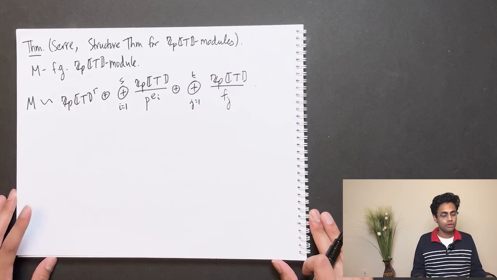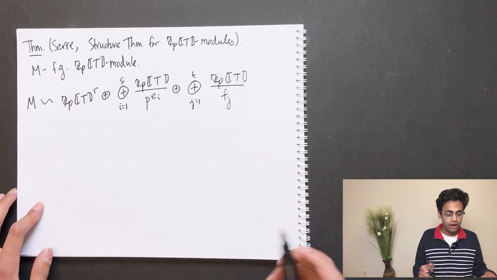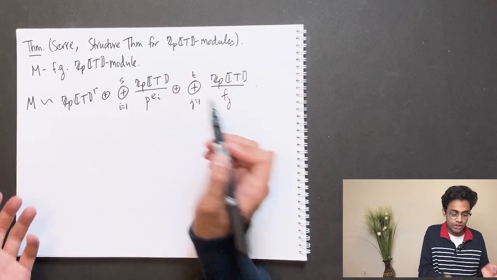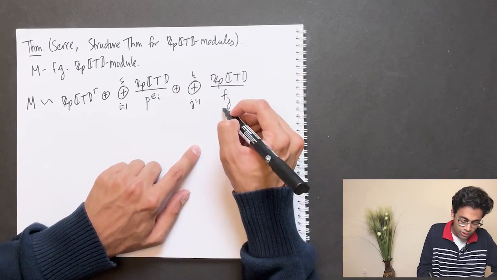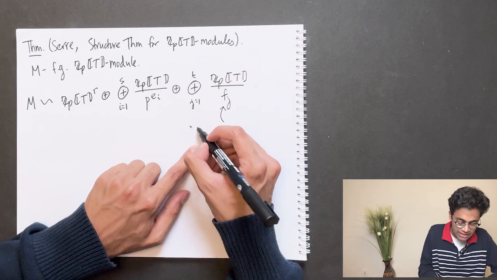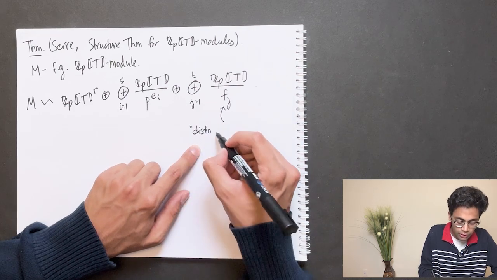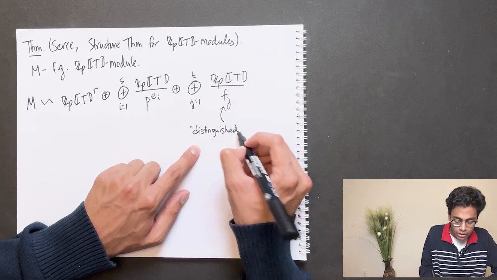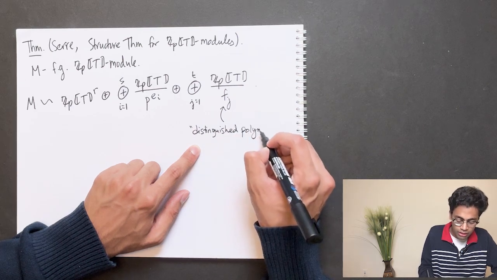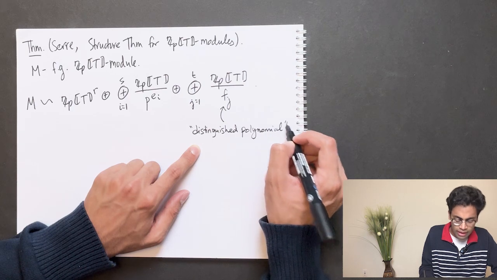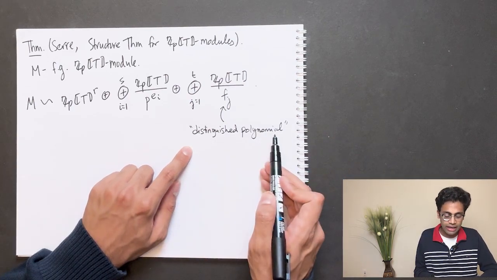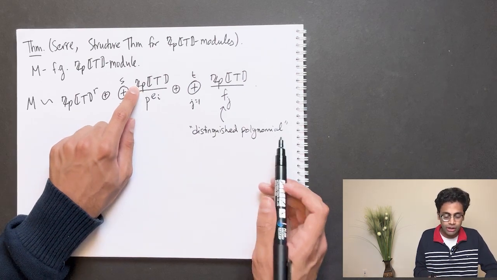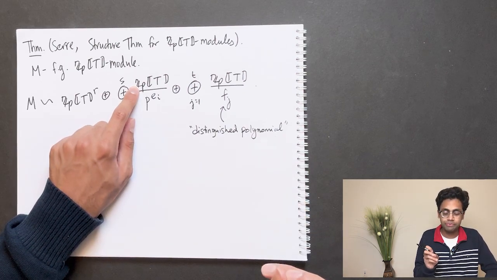Okay, so there are a few things that need to be explained here. The e_i are just non-negative integers. The f_j are so-called distinguished polynomials. A distinguished polynomial is a polynomial in Z_p double bracket T such that if you reduce it mod p, only the highest degree term remains.